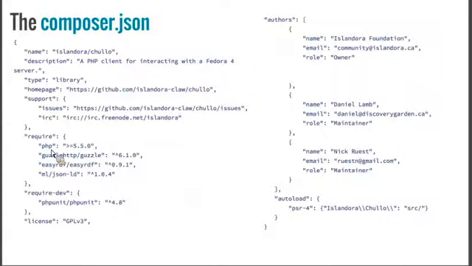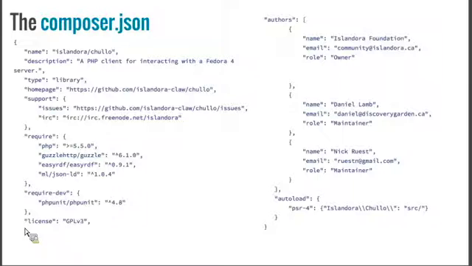So we tell it that we need PHP 5.5 or better. That's that symbol. We tell it that we need Guzzle HTTP from version 6.10 or any compatible major version that matches. EasyRdf, same, JSON-LD, same, and we also require for development, for testing, PHPUnit. Yes, Chullo has all the tests included, and Nick did a great job building them.